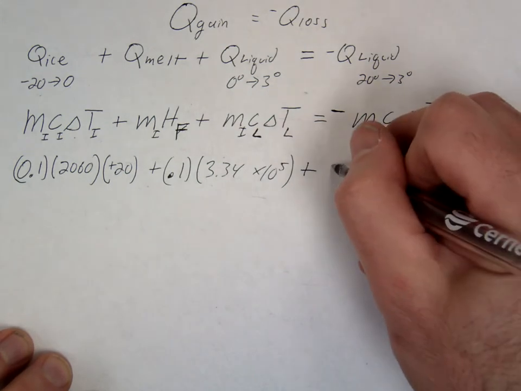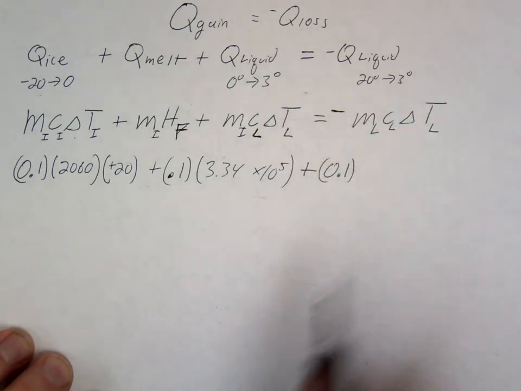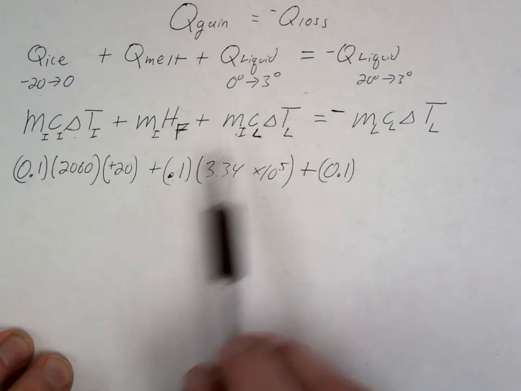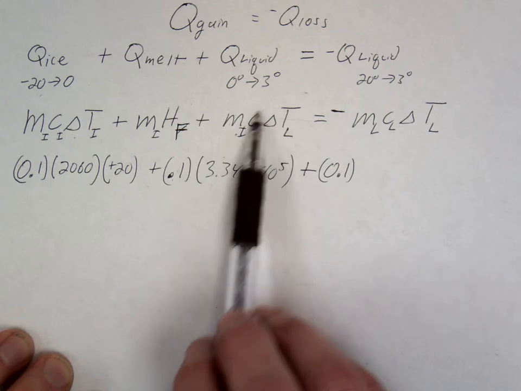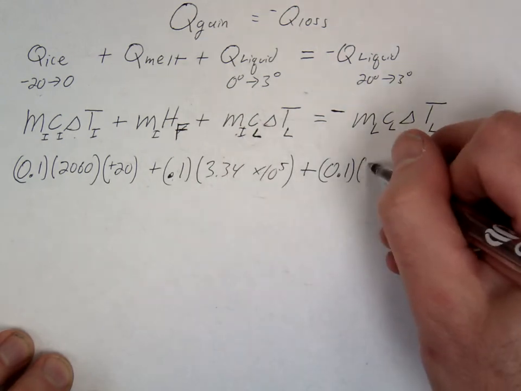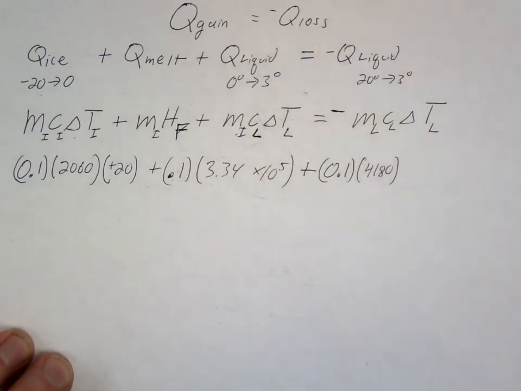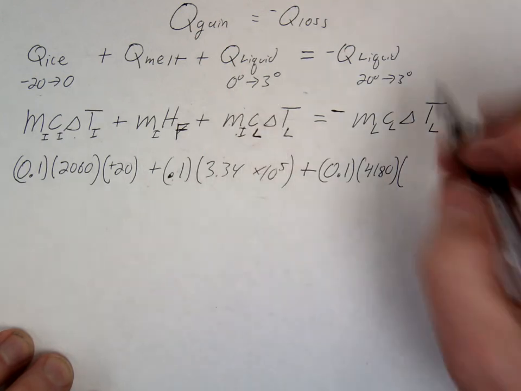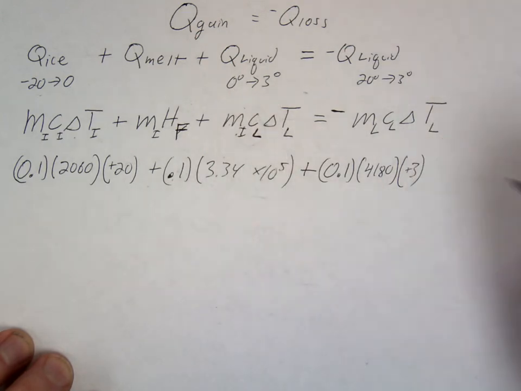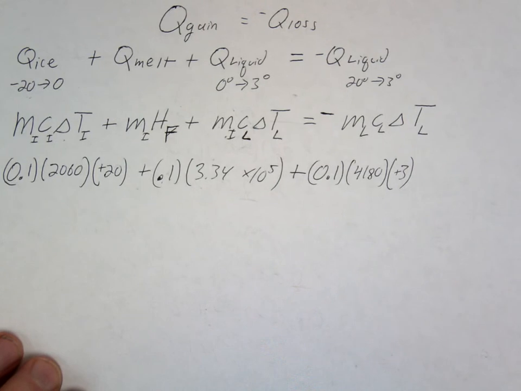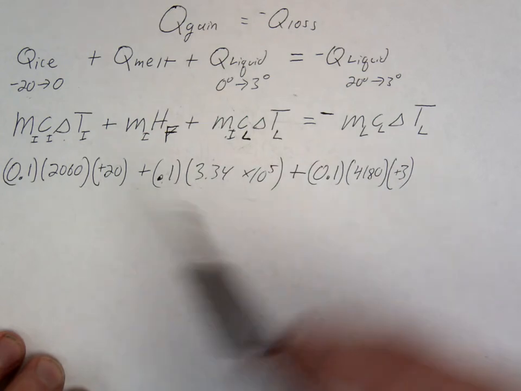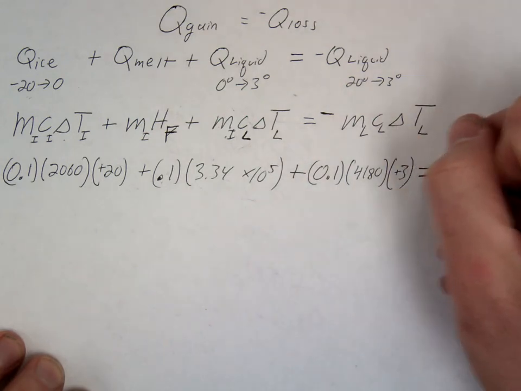Mass of ice. Now be careful, this step is where a lot of people make some errors. You're still going to have the same mass of the ice, but your C is going to be in liquid form. So this one's going to be 4180 here. So it's no longer solid. Okay, our temperature change, we went from 0 to 3, so we're going to have a 3-degree positive change. Okay, so that's all on the left side. That should equal negative.